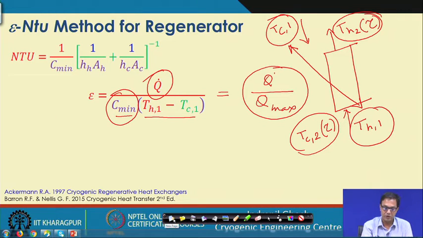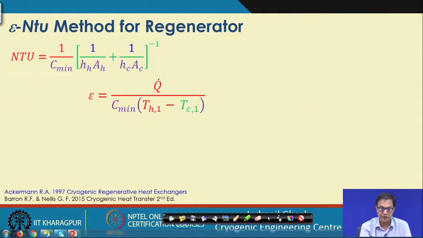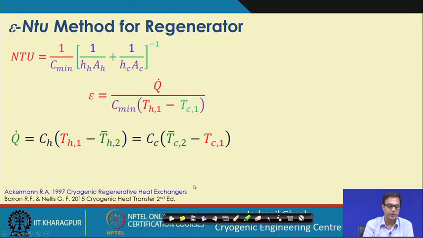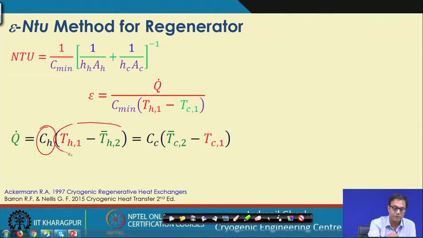So, that is how we define the regenerator effectiveness, and it is pretty similar to the definition of the heat exchanger effectiveness. Here Q dot is defined as the heat capacity of the hot fluid multiplied by the hot fluid inlet temperature minus the hot fluid outlet temperature, but this is the average outlet temperature of the hot fluid.